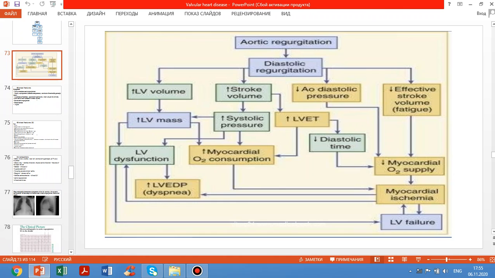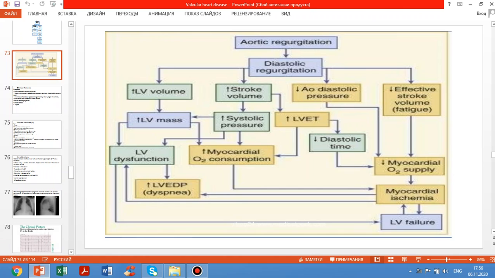Decreased aortic diastolic pressure also decreases myocardial oxygen supply, causing myocardial ischemia and left ventricular failure. Due to high stroke volume, left ventricular ejection time increases and diastolic time decreases, and left ventricular volume and left ventricular mass increase.